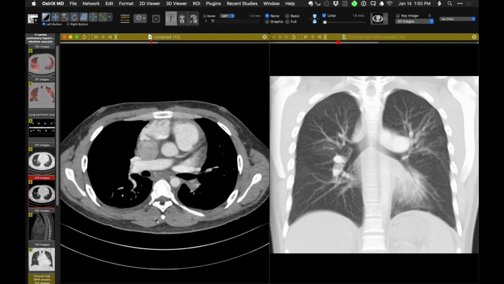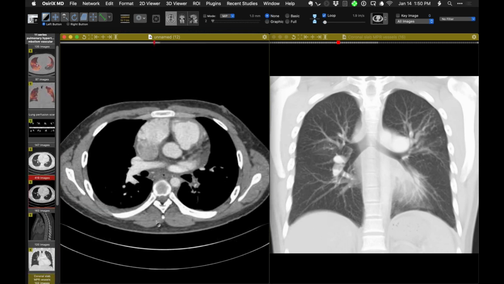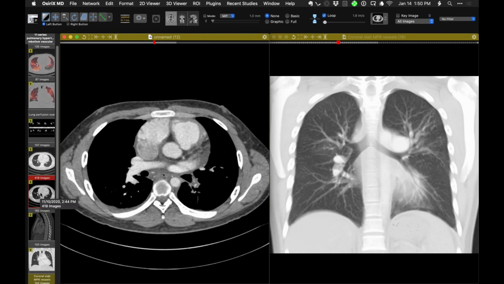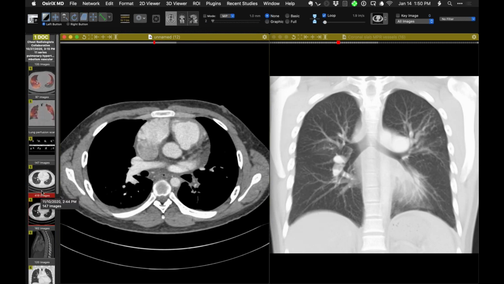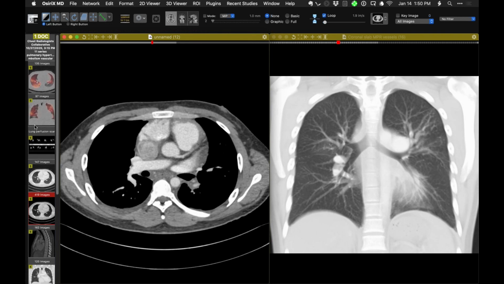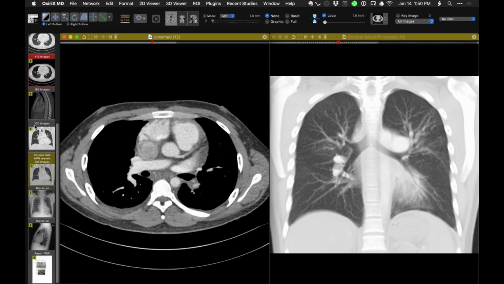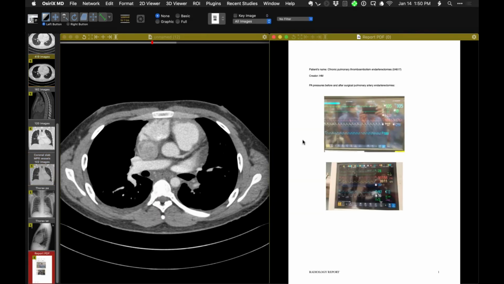And of course, no surprise that, for example, if I put this alongside, you're going to see substantially diminished perfusion in multiple areas, but particularly the difference between what we see here and what we don't see there. So let's go to the images here, and I'll quickly show you the distribution of the clot. So that is the explanation for why these vessels are so small and for the findings on chest radiography.